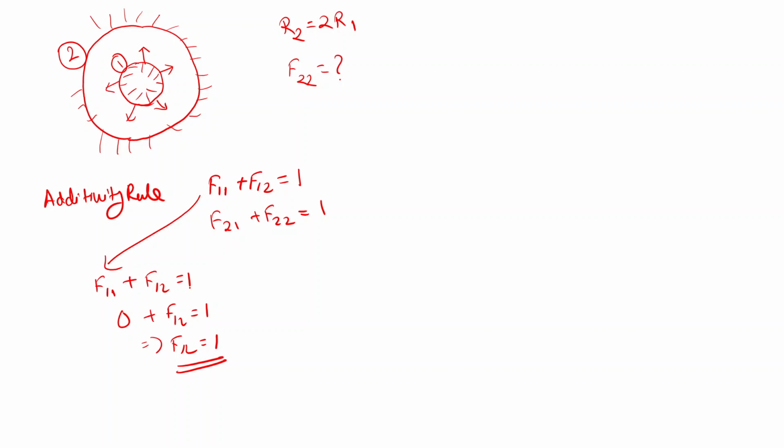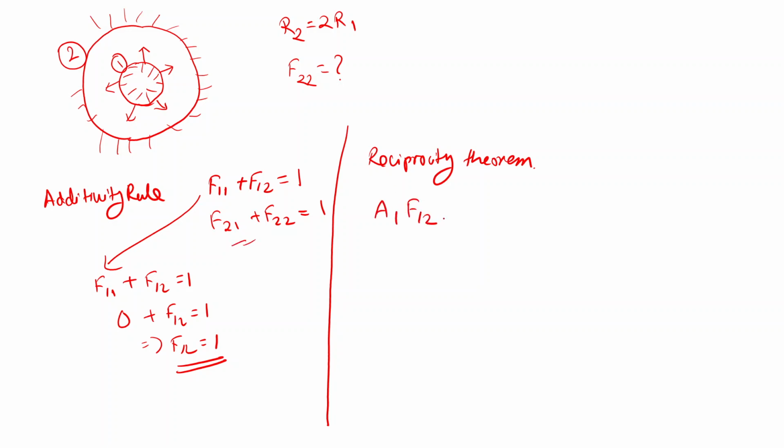Now we can use the reciprocity theorem to find this F21 value. According to this theorem, A1 F12 is equal to A2 F21. So we need to find F21.